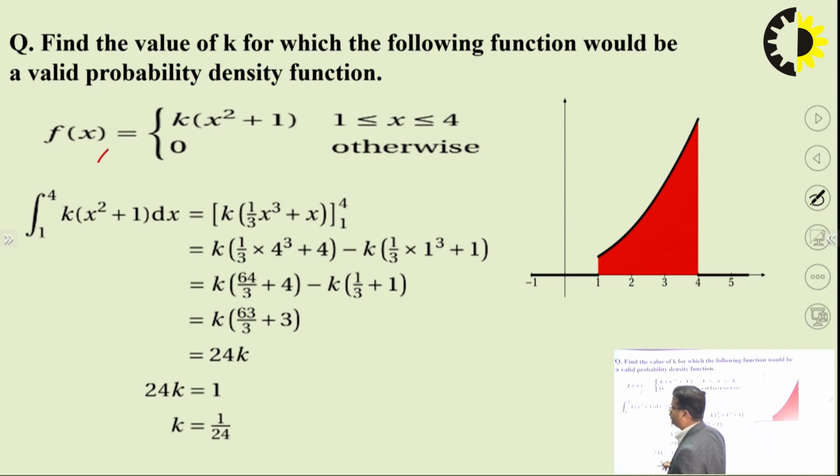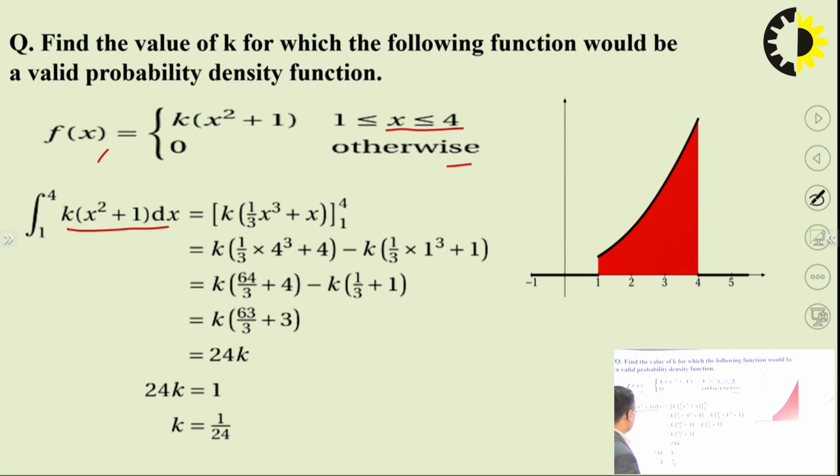This PDF is given in the question: f x is equal to k x square plus 1 from 1 to 4, otherwise 0. We want to calculate the value of k. So, integral from 1 to 4 of k x square plus 1 into dx.